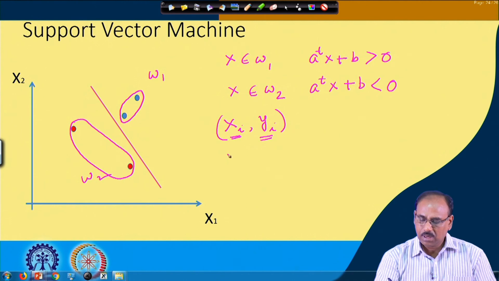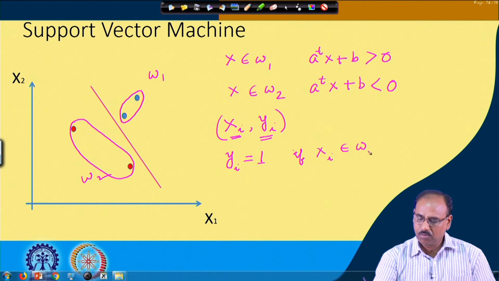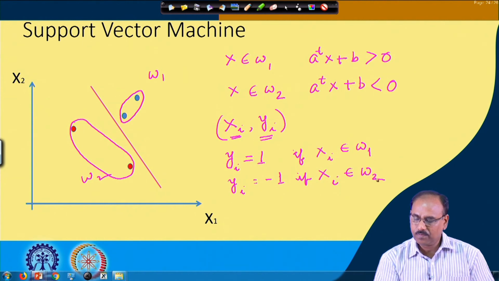So, I will put y_i as plus 1 if x_i belongs to omega 1 and y_i will be equal to minus 1 if x_i belongs to omega 2.